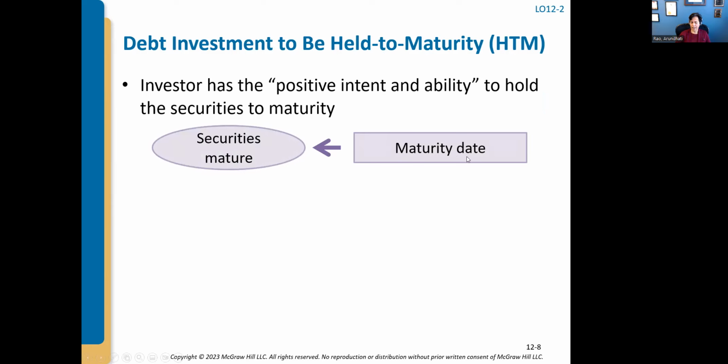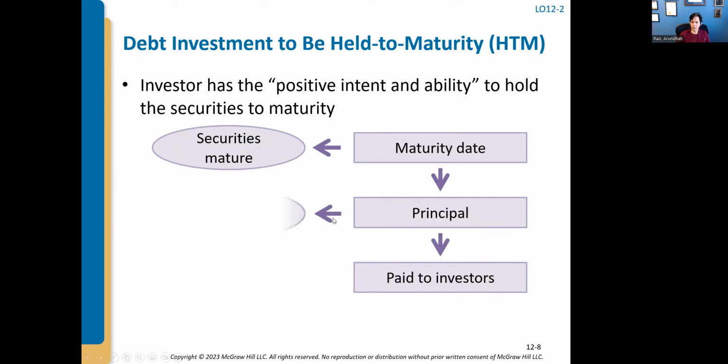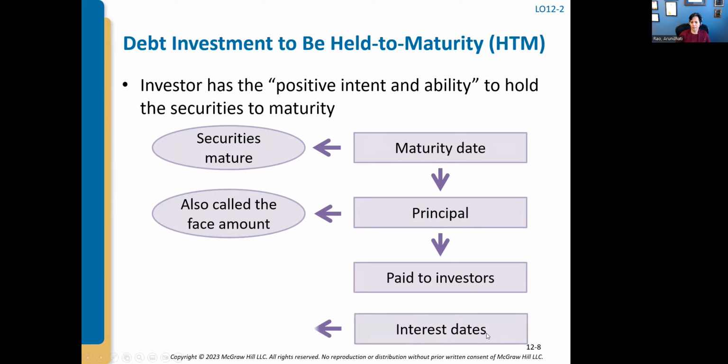So maturity date again is the date the securities mature and I will get my principal money back. This principal is also called face amount. And this money at maturity is repaid to the investor. I'm the investor, I'll get the money back. And on interest dates, the predetermined interest date, interest is paid to the investor, which means I receive interest, it's interest revenue for me.